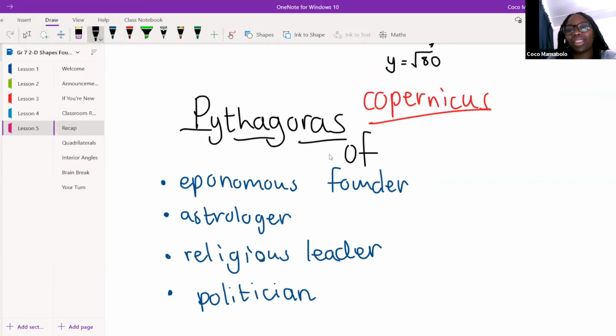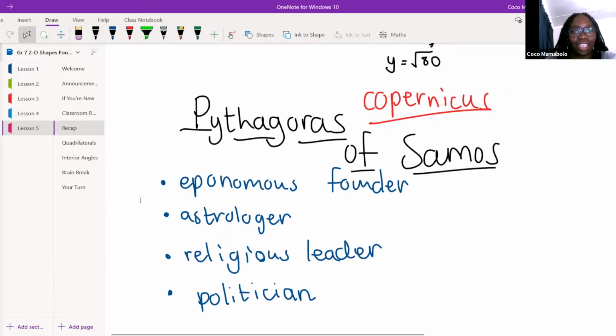That was his full name. Yes, his real name is Pythagoras. Okay. Nokwezi, if you're lost, we asked people to go and find us some information on Pythagoras. Okay, and he was a philosopher.